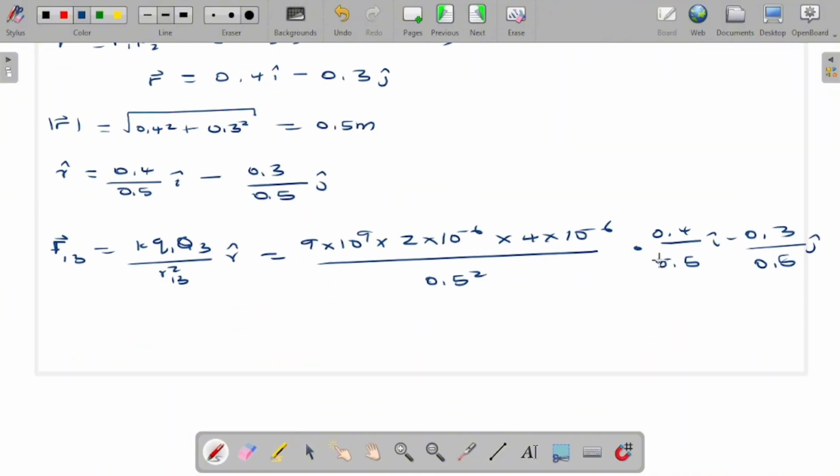In fact, we can make something like a bracket here to show that we are going to multiply this one by one.